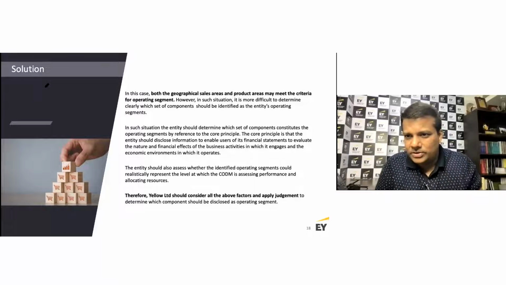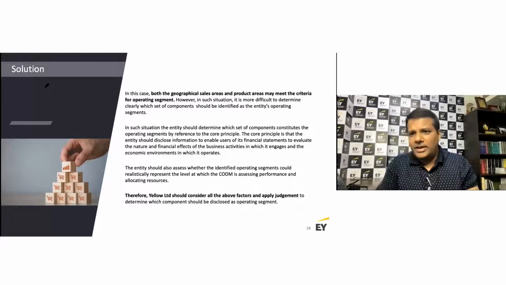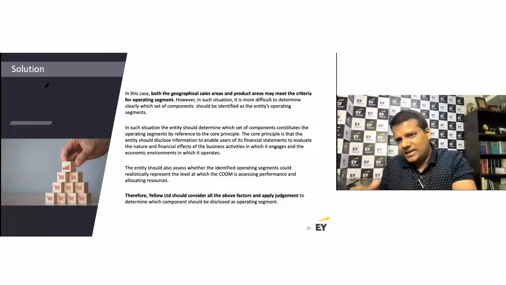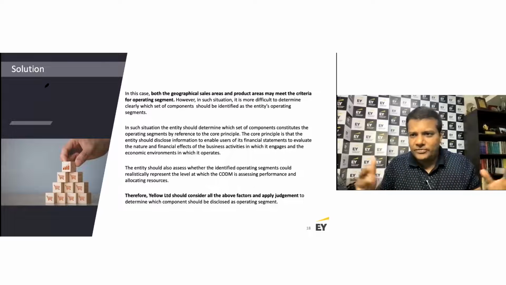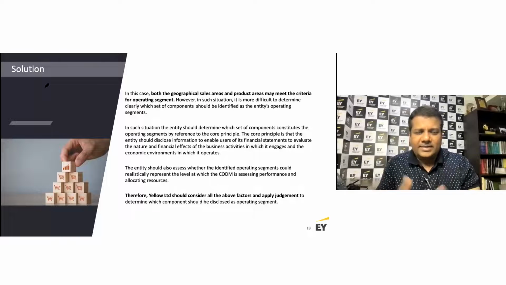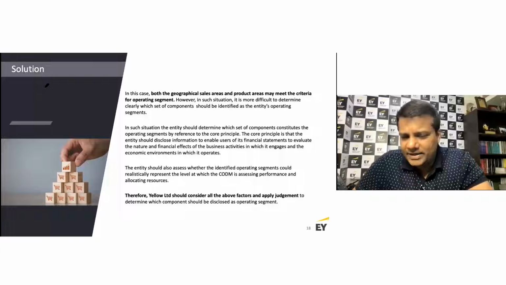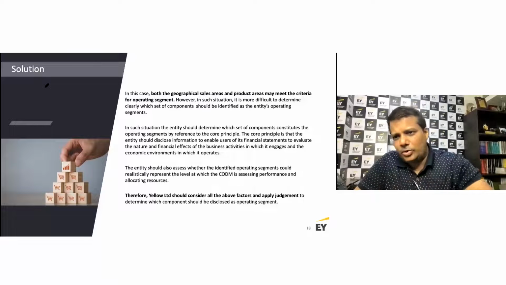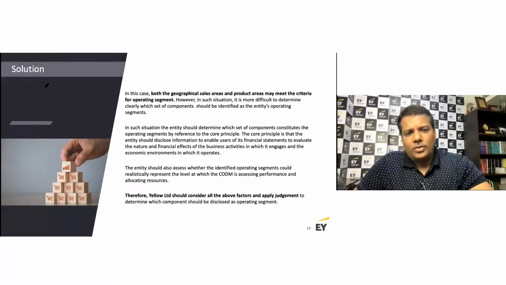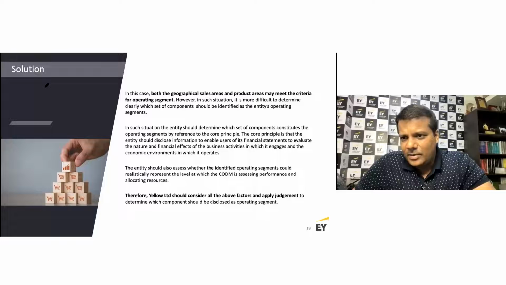That is also possible. You may decide to disclose your segments product wise, and then geographic wise, if that information is available and is being looked at by the CODM, and reconcile those to your main P&L. All of that is possible from that perspective.